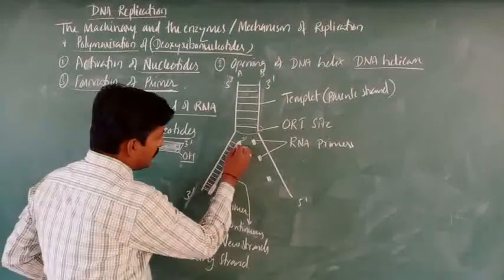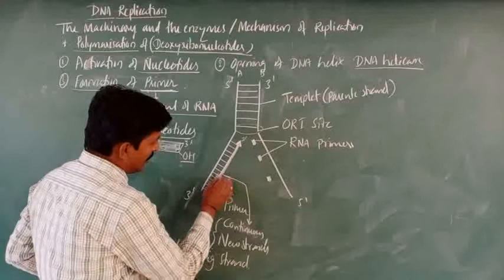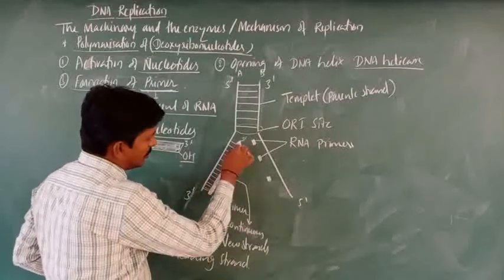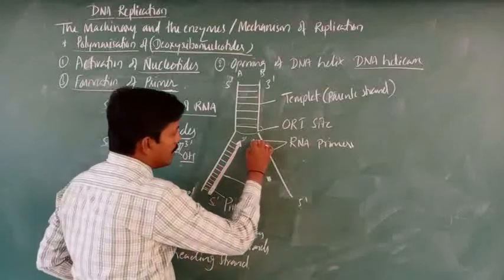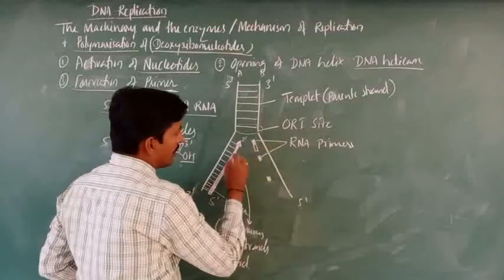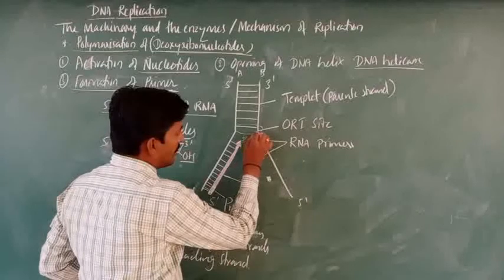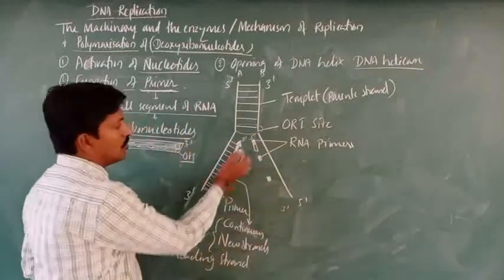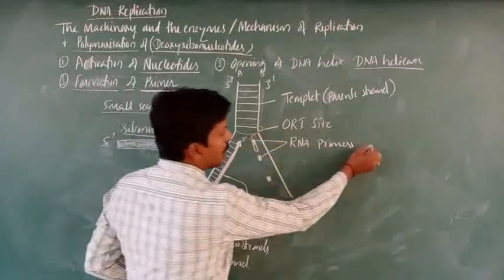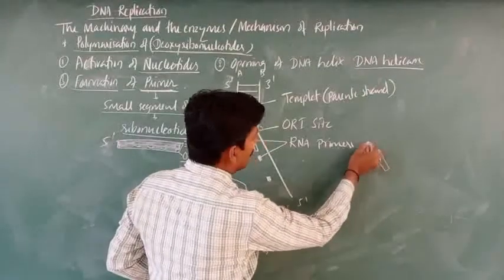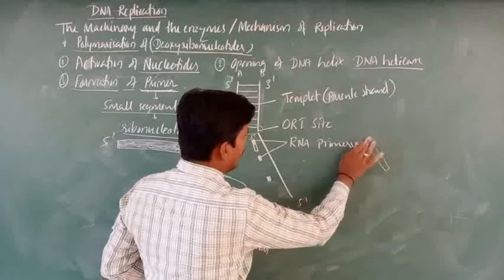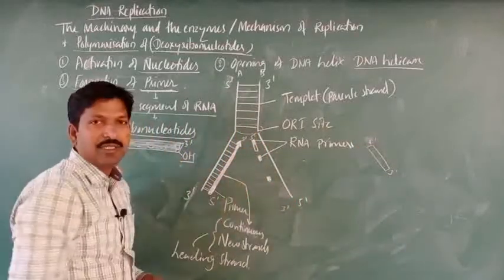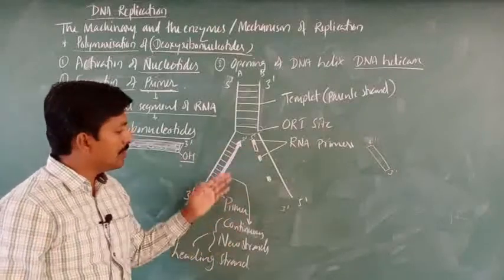So I will take it by this color. You can notice the color. This is the new strand, and for this one I will take the fifth end on this side, and the third end on this side. So in this way the small segments are formed here as primers.